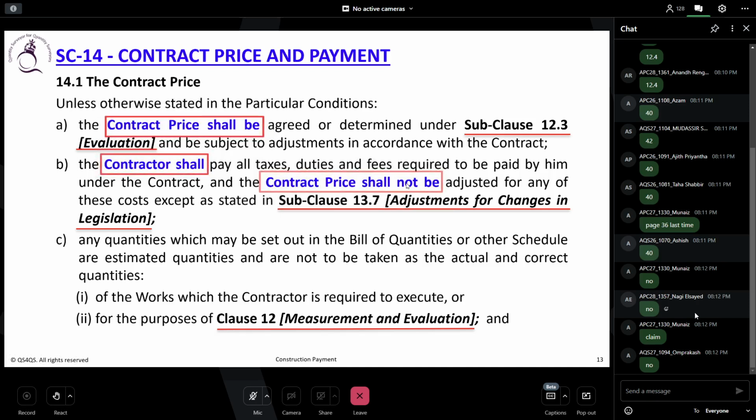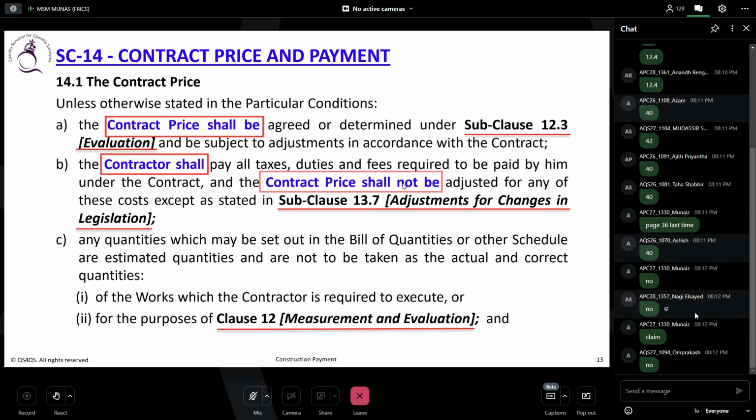This is about anything that happens regarding changes in legislation or changes in cost. If you go to 13.6, no, 13.7 and 8. 13.7 is adjustment for changes in legislation, and 13.8 is changes in cost. That means cost inflation. Okay.